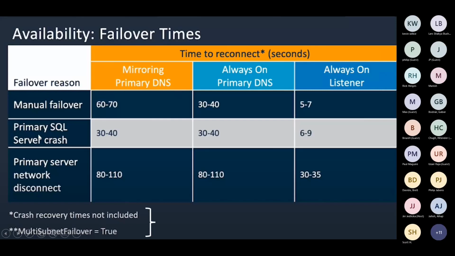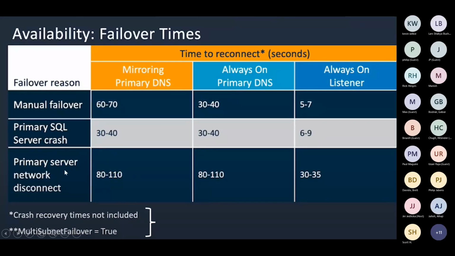If the failover reason is, for example, that the primary SQL Server crashed, for Multi-AZ and Always On with primary DNS, you have up to 40 seconds to reconnect. And for a listener, you have up to 9 seconds to reconnect.